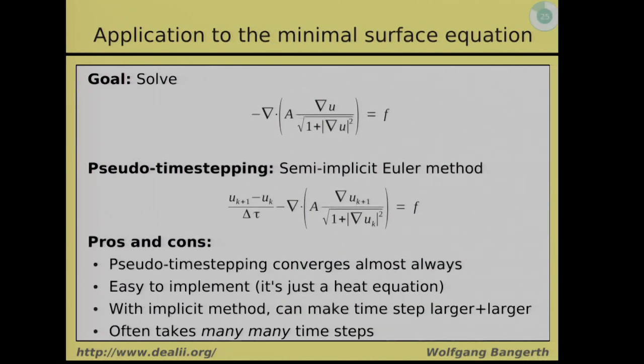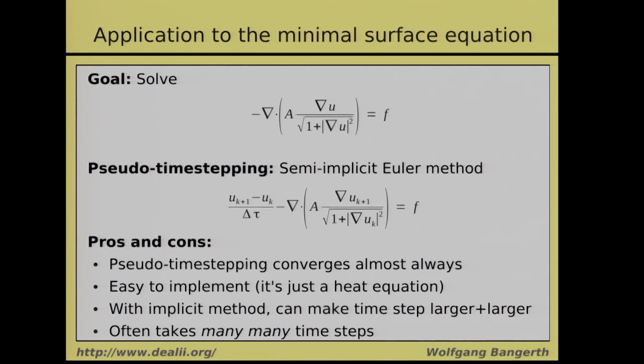So again, the pros and the cons of pseudo time stepping: pseudo time stepping converges almost always. There are very few examples of nonlinear stationary equations that you cannot solve with a pseudo time stepping approach.